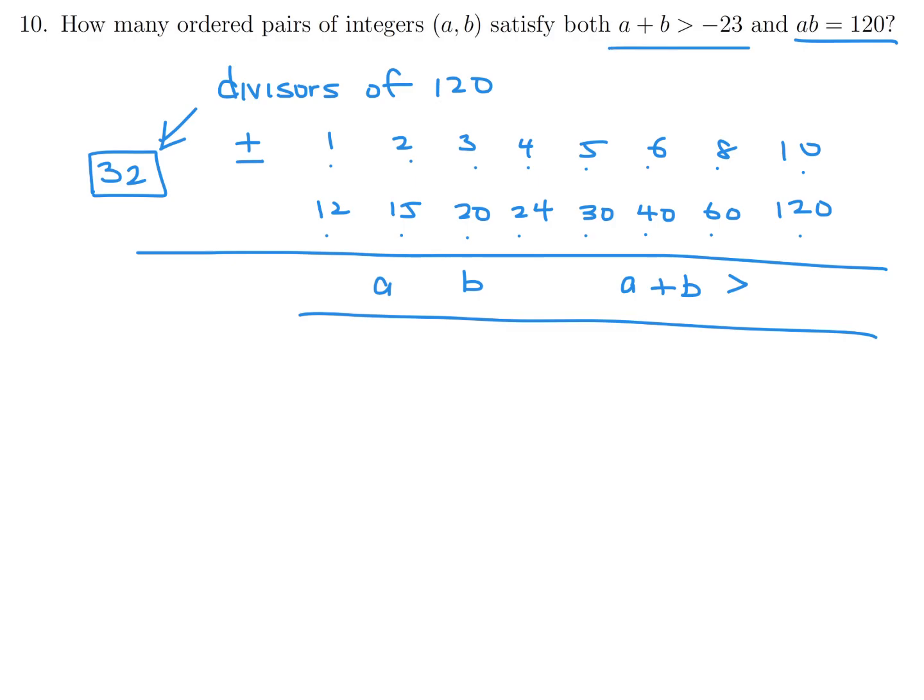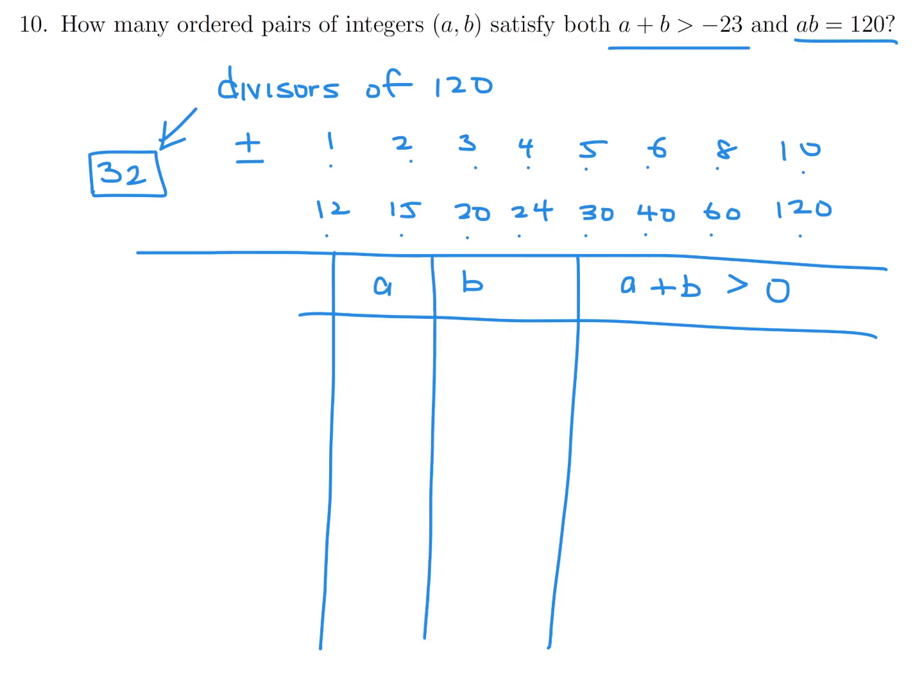So let me just deal with the positive ones, and then we'll deal with the negative stuff later. It makes it a little bit easier to break it up like that. If the choices that I have for a and b are both positive, then this will definitely be positive. So for example, if this is 1, this would be 120, and a plus b is obviously 121, which is obviously greater than 0.